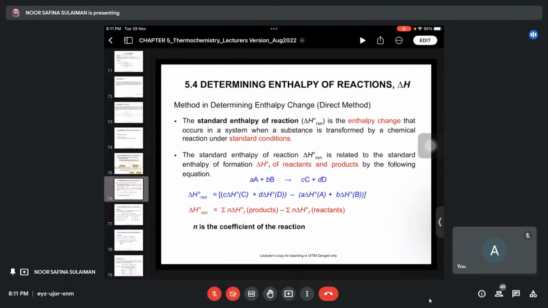You ada reactant A and B. So A ni ada enthalpy formation dia sendiri, then you darabkan dengan its coefficient dan sama juga dengan B. Then you tambahkan. So product minus reactant you akan dapat the enthalpy of reaction. Okay, so n is the coefficient of the reaction.